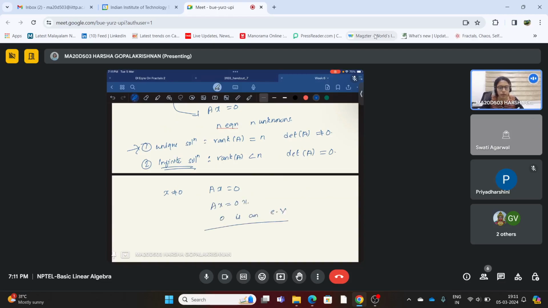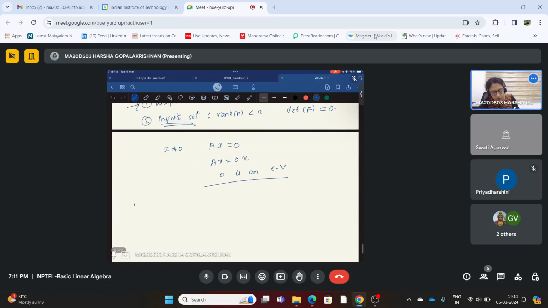Now let me ask the converse. What is the converse? If 0 is an eigenvalue, then determinant of A equal to 0.